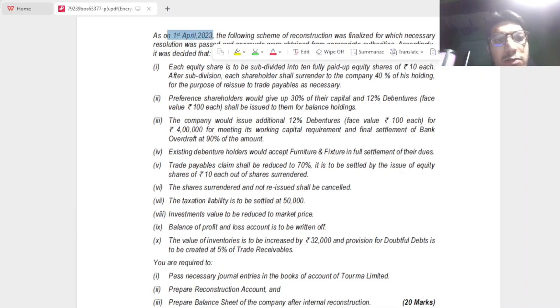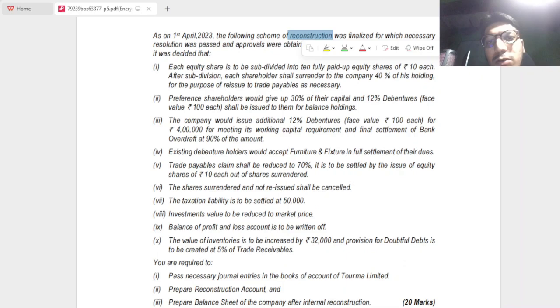As on 1st April 2023, the following scheme of reconstruction was finalized, for which necessary resolution was passed and approvals were obtained from appropriate authorities.